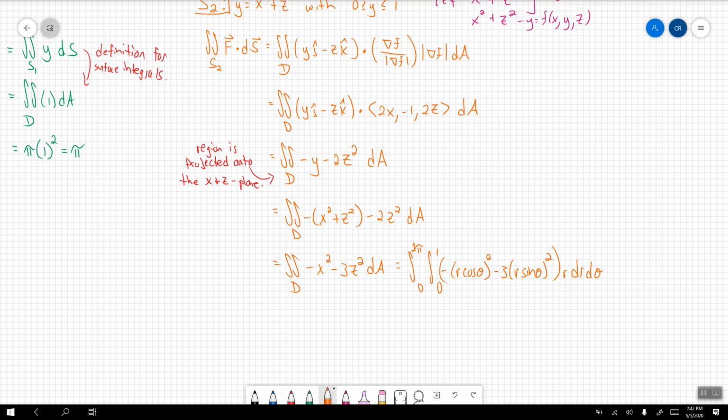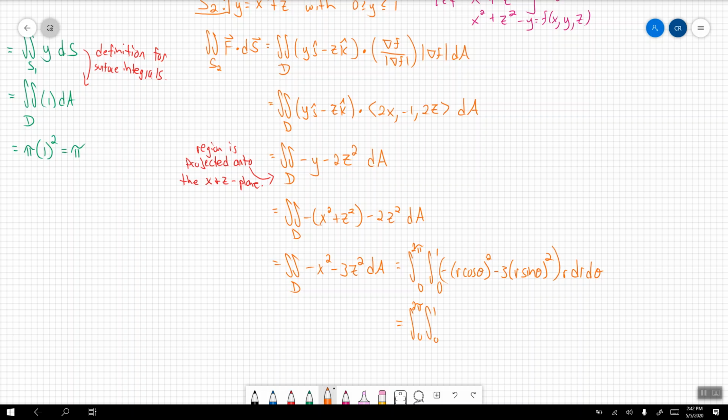Alright, let's see if we can simplify this just a little bit more. That way we can definitely extract the equation that we are supposed to be integrating. So in here I have the integral from 0 to 2 pi, the integral from 0 to 1.